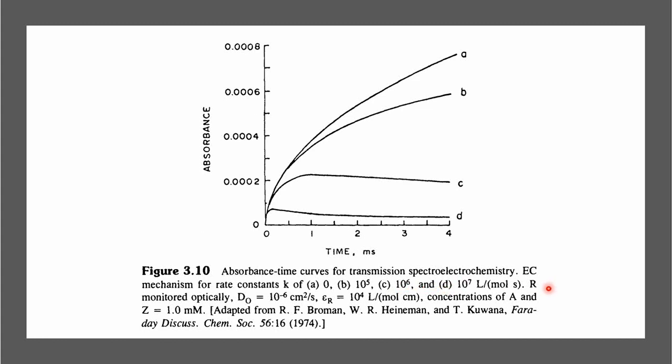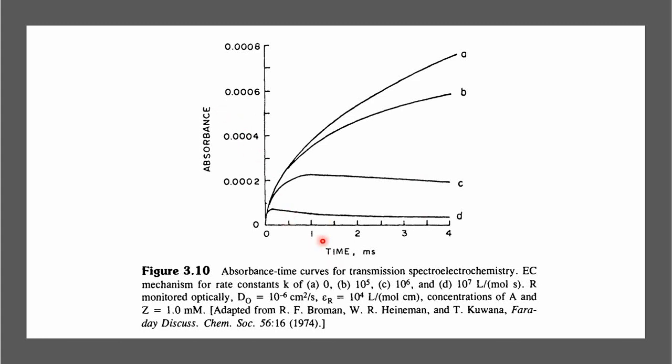R is monitored optically, that is the concentration of the reduced species, while the diffusion constant of the oxidized species is 10 raised to the power minus 6 centimeter square per second. Epsilon, the molar absorptivity, is 10 raised to the power 4 liter per mole per centimeter. Concentrations of A and Z are 1 millimolar. So starting from A, you can see how it is reducing over here.